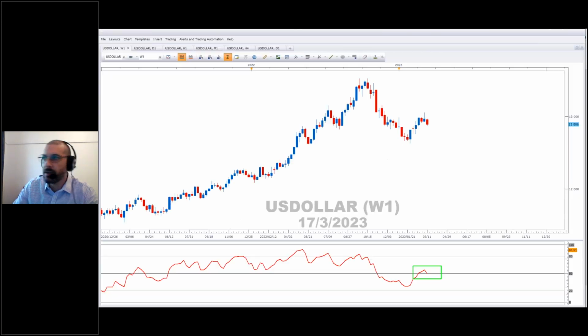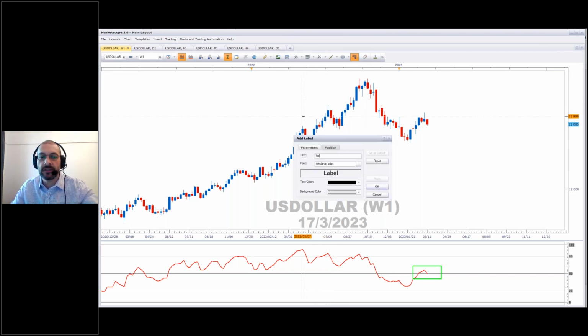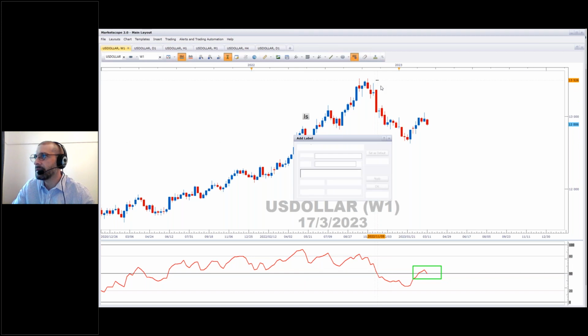So let's take a look here, and I can put in here left shoulder, head, and here I'm going to put right shoulder question mark, because I don't know if this is a right shoulder or not.